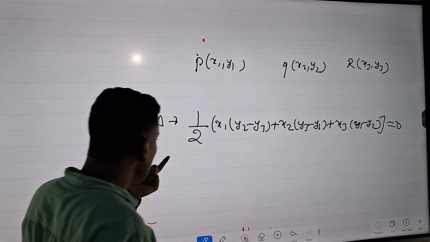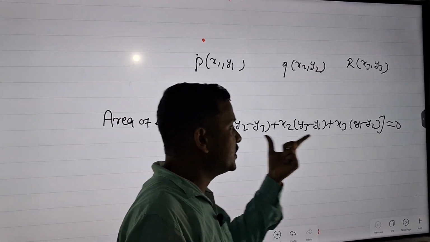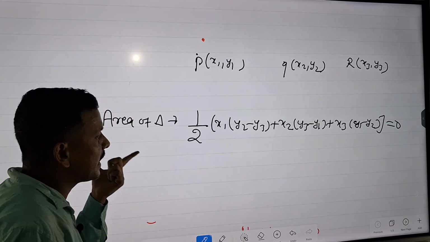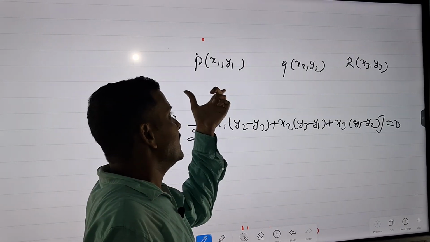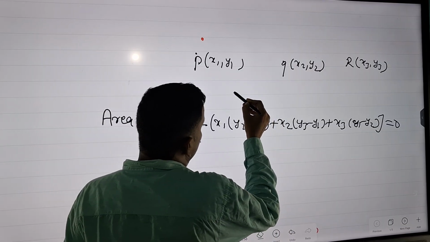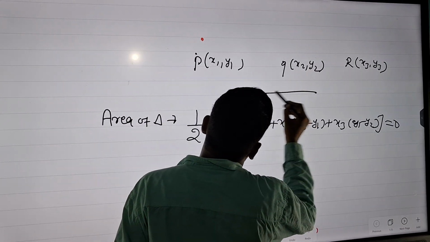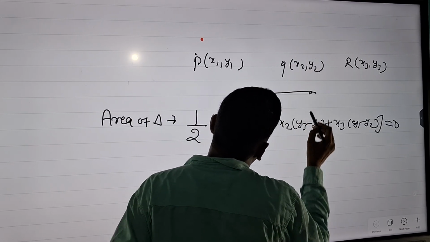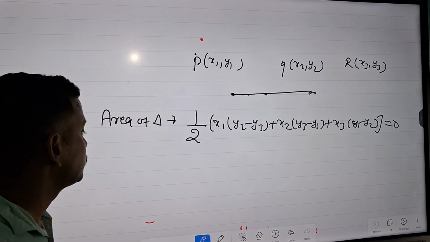If the value of this is 0, that means the area of the triangle is 0, then these 3 points will be collinear because they lie on the same line. They will not form a triangle.